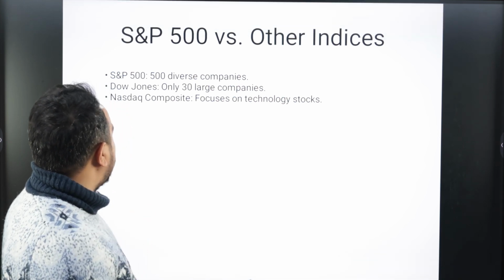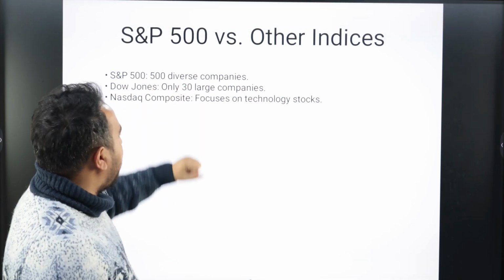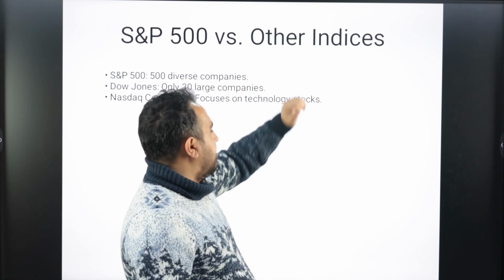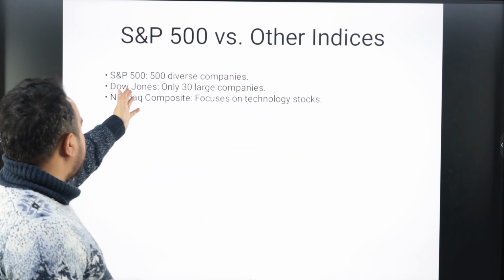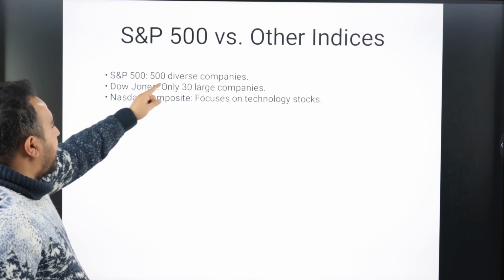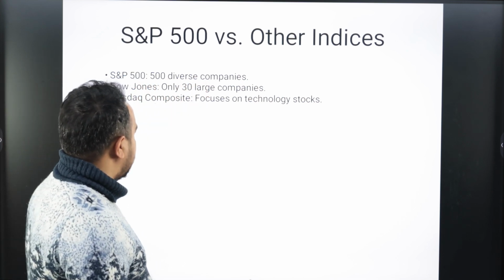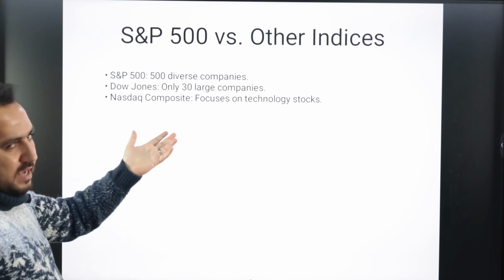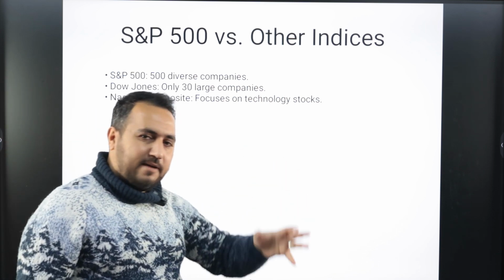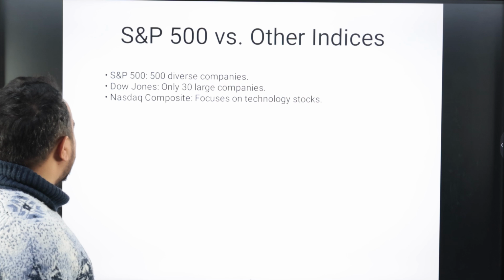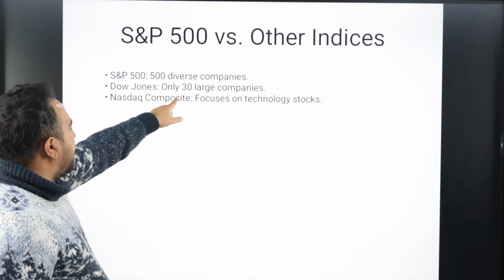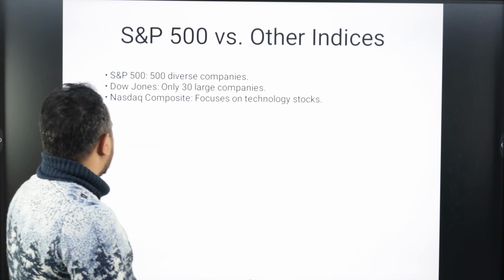Now we will speak about S&P 500 and other indexes. S&P 500 tracks 500 companies. Actually, it's sometimes more than 500, sometimes less than 500. Dow Jones has only 30 large companies.